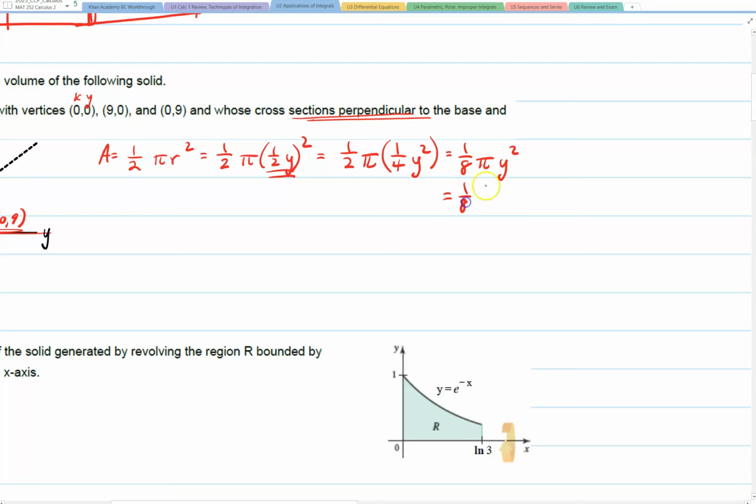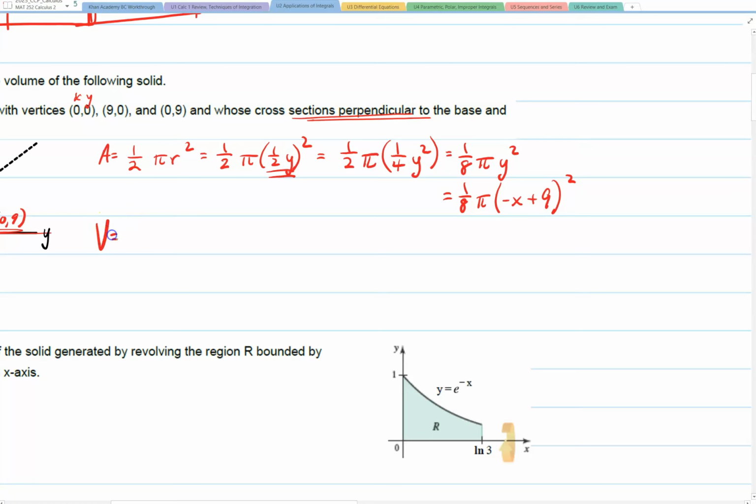So one way to write this equation is 1/8 pi times y squared, or we can think of this as 1/8 pi times negative x plus 9, quantity squared. So depending on how we write our integral, we now have an equation in terms of y and an equation in terms of x.